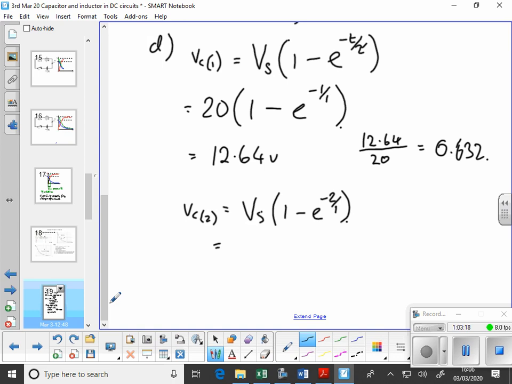I've done how far that's gone towards going the whole distance from 0 to 20. It's a ratio. You'll see what I mean in a minute. It's gone 63% of the way. That's 17.29 volts.